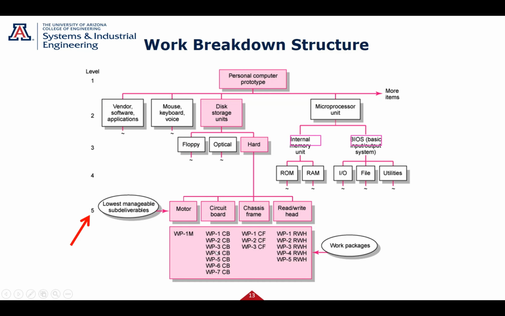Now you'll notice underneath each of these, WP, work package 1. Why is there only one for the motor? Because maybe all your work package for the motor is you're going to go pick a motor and go order it. Okay, so your work package is research motors and order one. Circuit board, though, might have a bunch of work packages. Might be do circuit design, might do circuit analysis, thermal analysis, board layout, mounting the board, testing the board, and so forth.